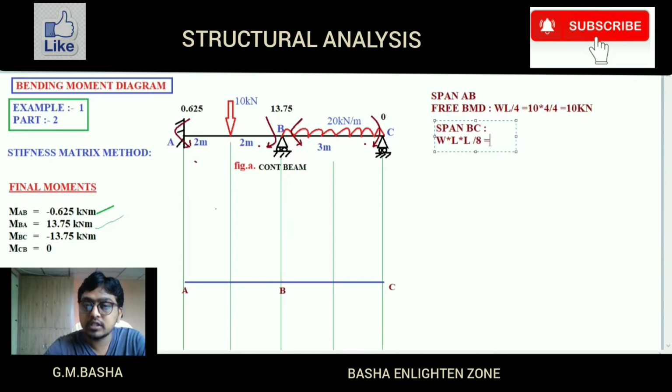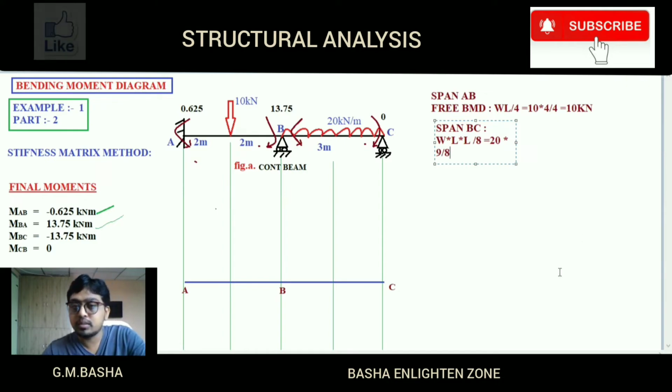Again, what is W here? W will be equal to the given value, that is 20, into L square. L means the total length of the span, which is 3. So 3 into 3, 9, into 20, divided by 8. WL square by 8, so simplify that one.